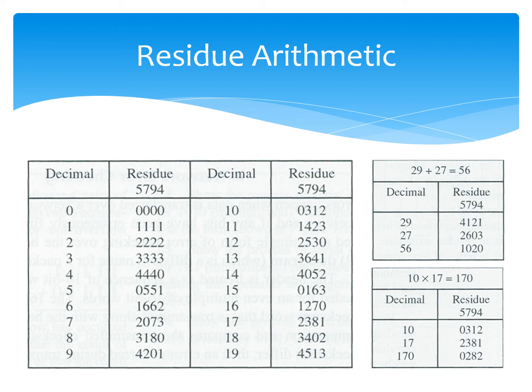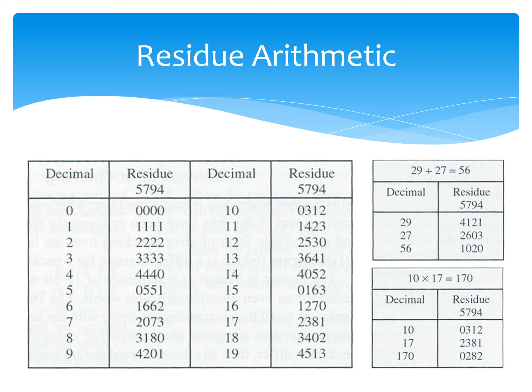The remainder is 1. 7 divided by 7, the remainder is 0. 2 divided by 9, the remainder is 2. 4 divided by 4, the remainder is 0. Therefore, the sum of 4121 and 2603 is 1020, which is 56 in decimal.